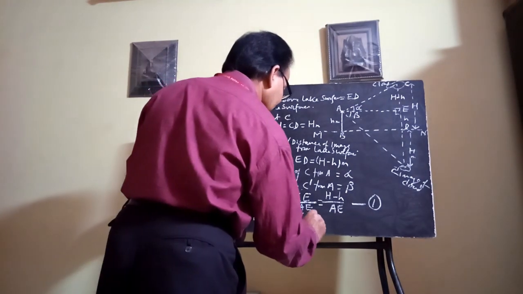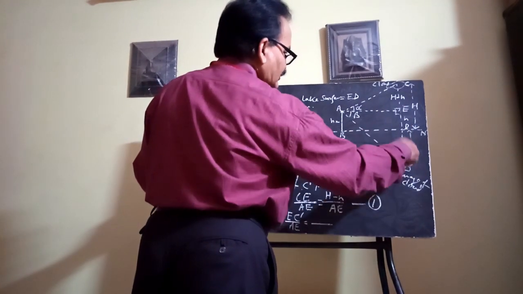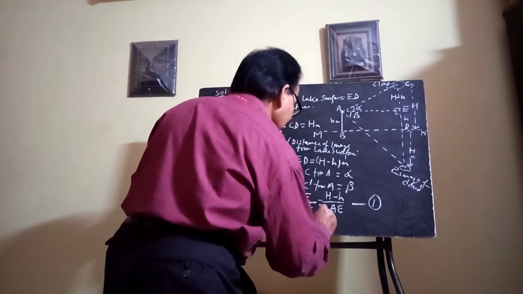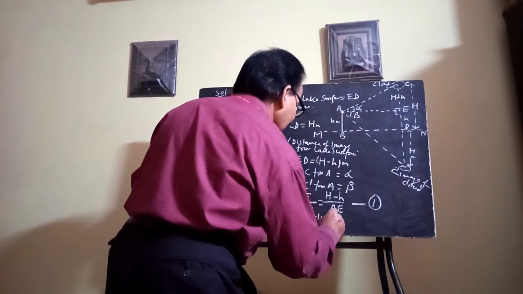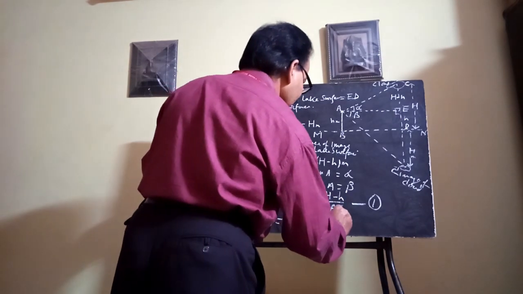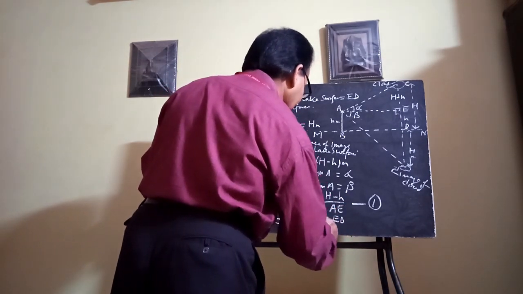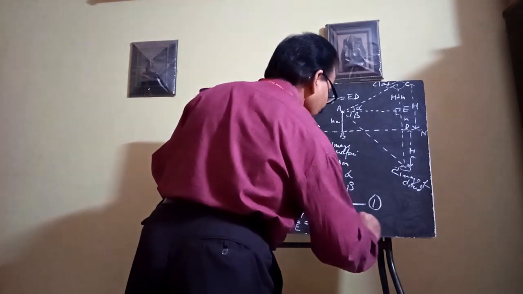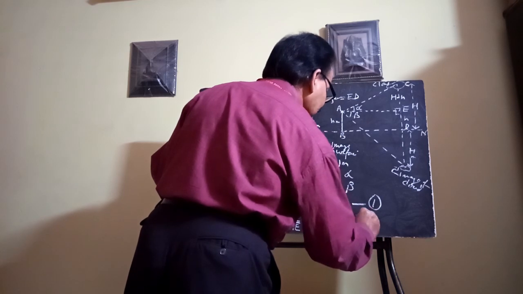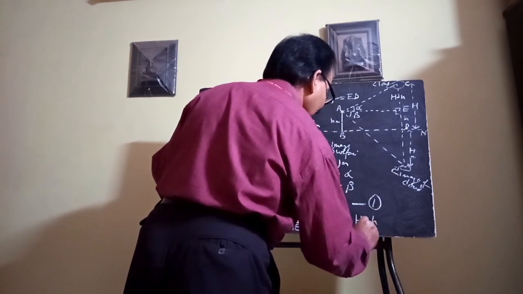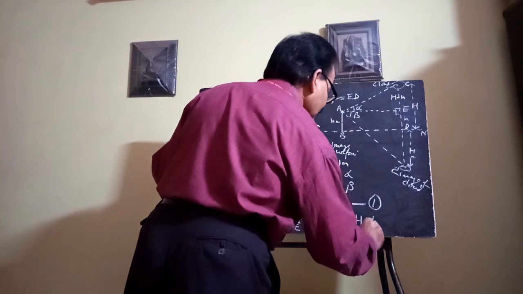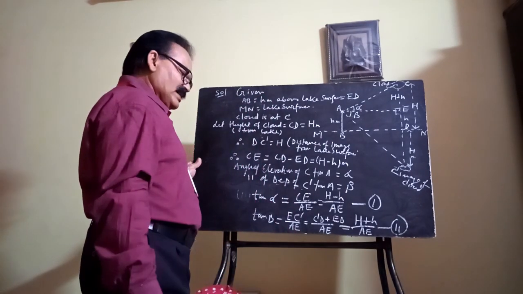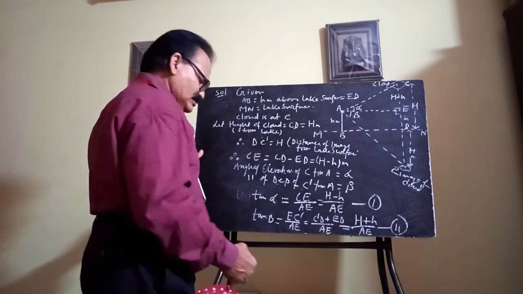Here EC dash equals DC dash or C dash D plus ED, that means capital H plus small h, by AE. So this part is your equation 2. The value of tan alpha and tan beta you have got.